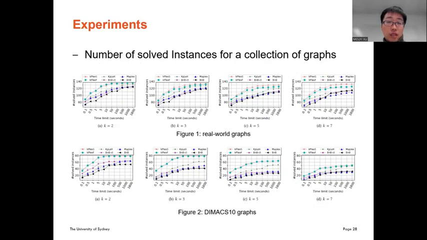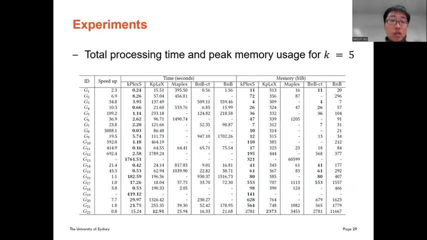The first experiment is on the number of solved instances of a collection of graphs with limited time. And we can see our algorithm can solve more instances than the existing algorithms. The second experiment is about the total processing time and the peak memory usage when k equals 5.